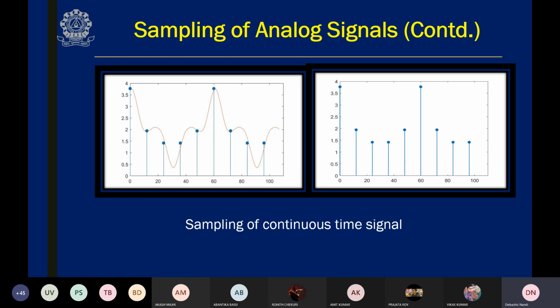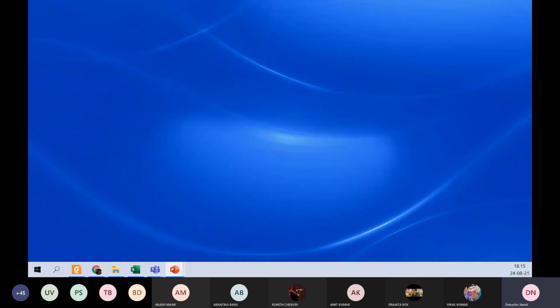This is not working. What happened? Okay. What you will do, that means you are taking this kind of envelope. So you see, you are just joining these points like this. Yes? It's just your Windows screen, sir, right now. What happened?